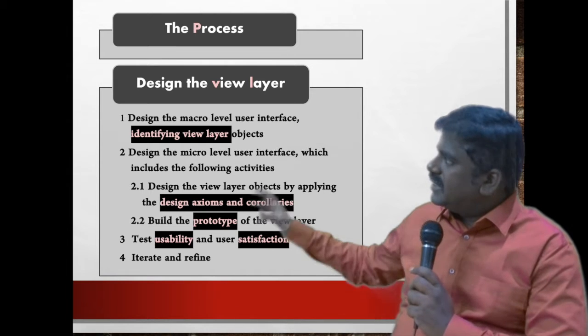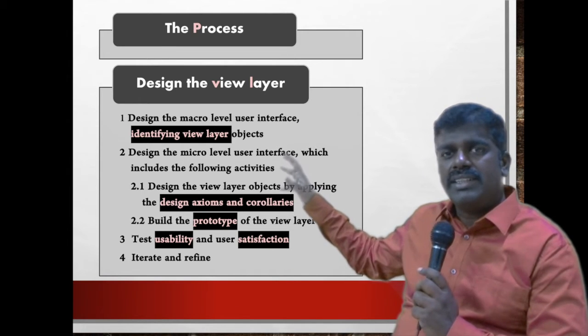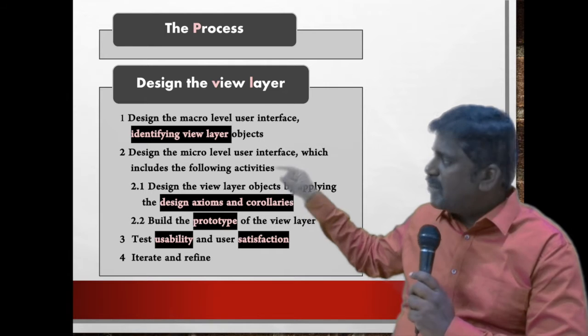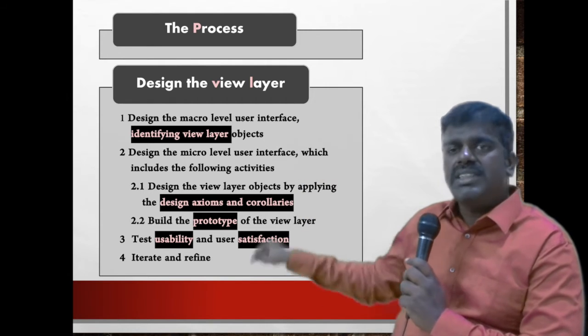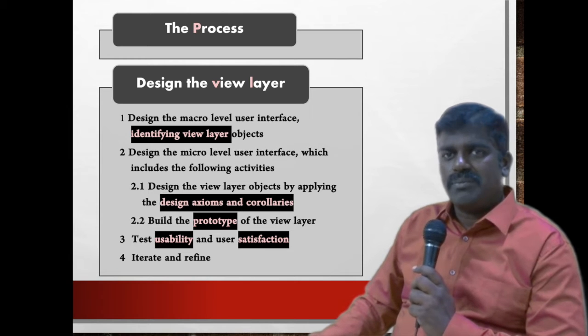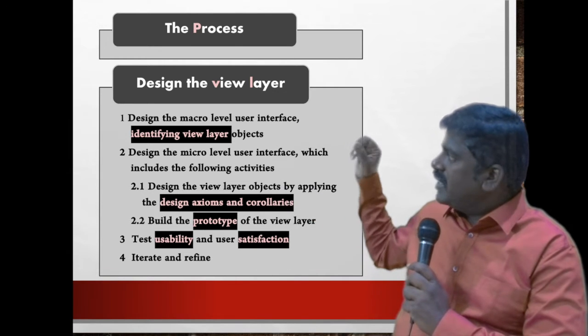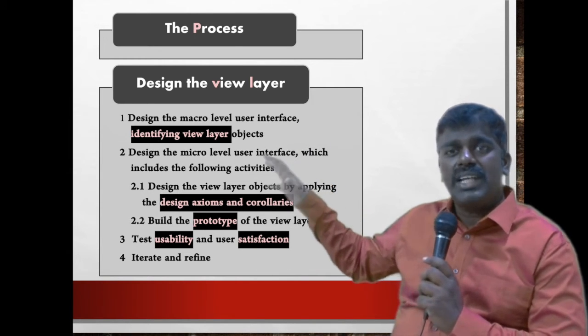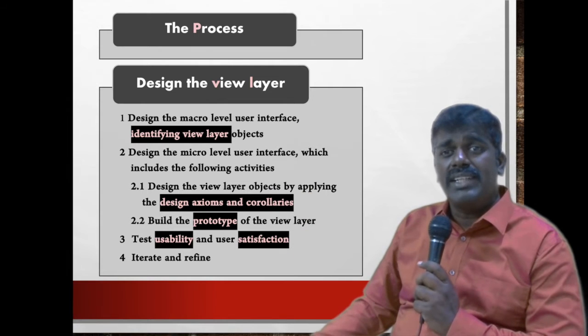The second thing is the micro level, the micro development view layer process. Here we design by referring to the axioms and corollaries. That is already developed.